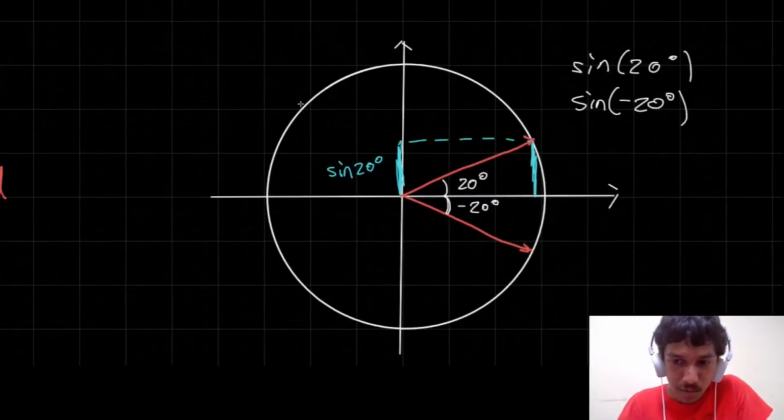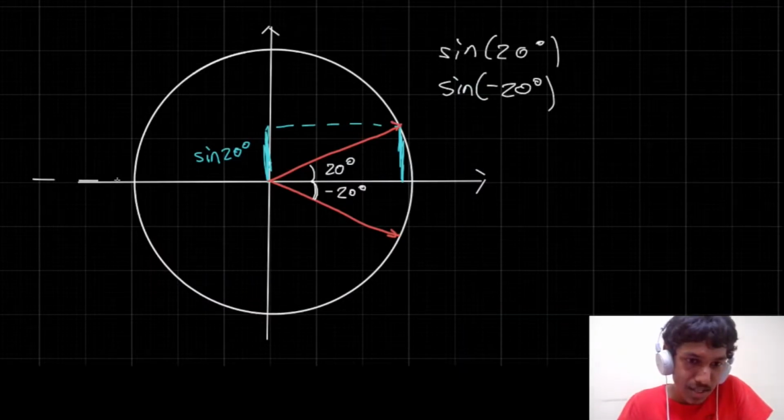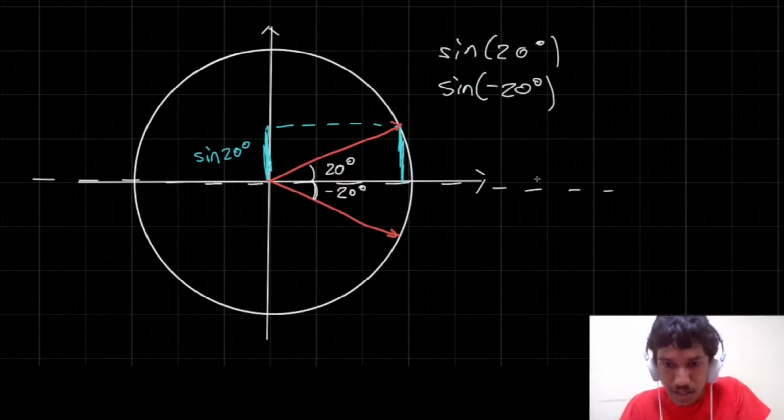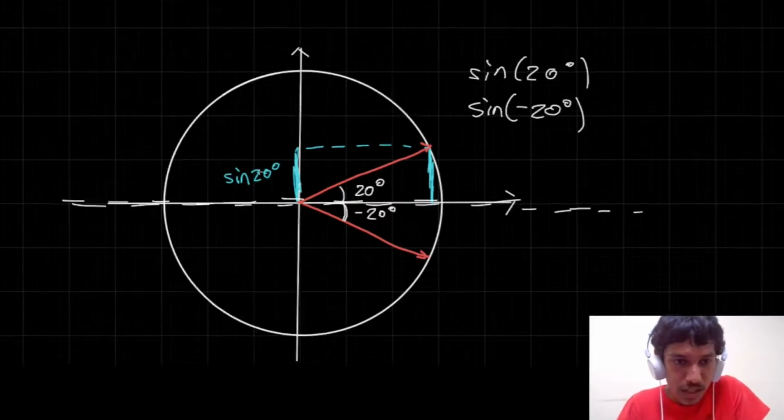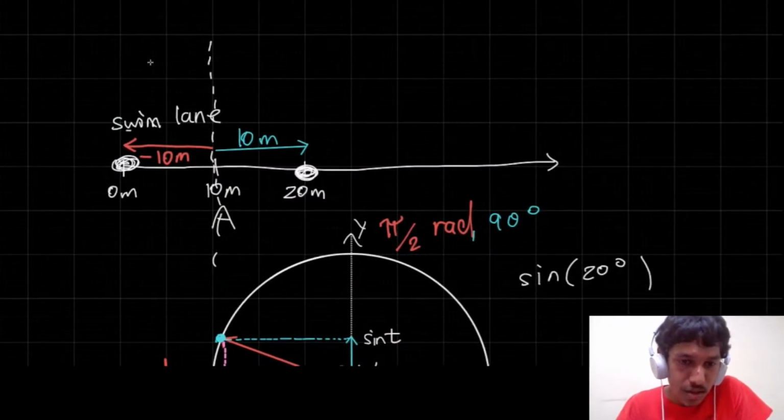And it's the same thing when we're dealing with angles, except now the relevant line is this line. Why am I drawing this line particularly? Because it's the 0, the starting point, right? In the swim example, the starting point happened to be 10 meters, so I just drew a line right there.